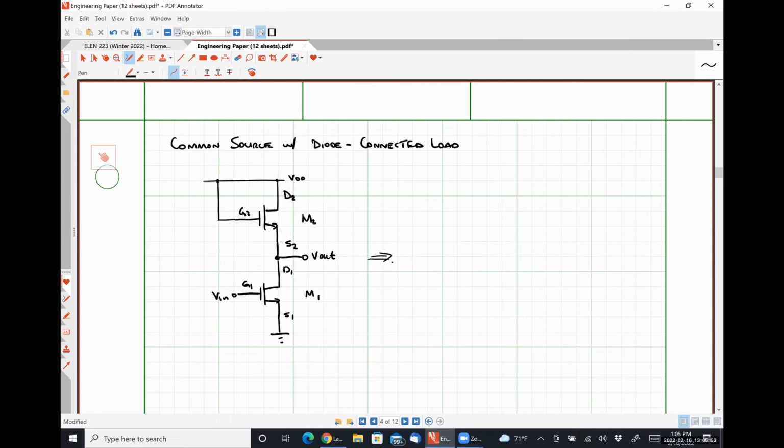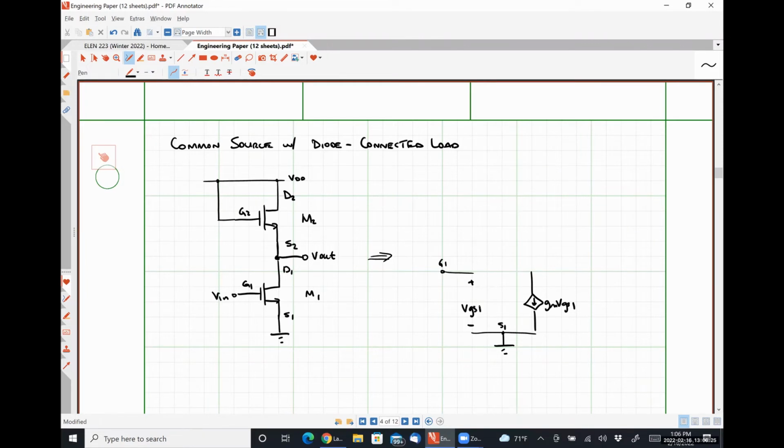If we draw our small signal model, I'm going to start with my transistor down here on bottom. This is node G1. This is node S1. Here is GM VGS1.